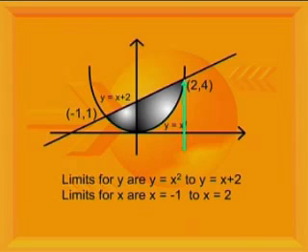And if we move this vertical line towards right, then the extreme right point where this line meets the region is x is equal to 2. So the limits for integration with respect to x are x is equal to minus 1 to x is equal to 2.